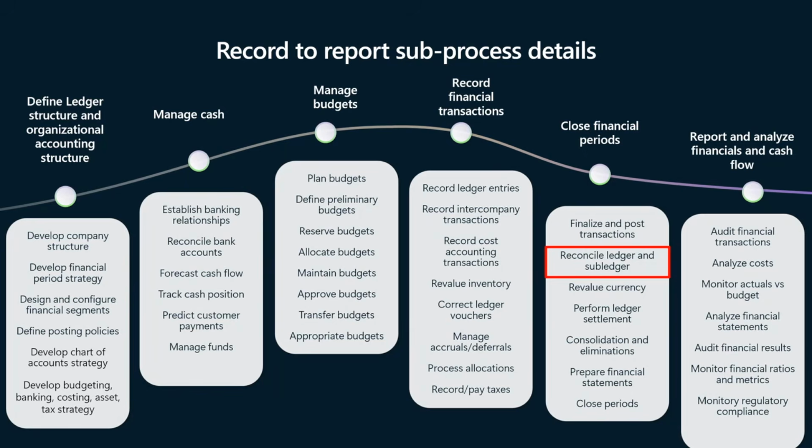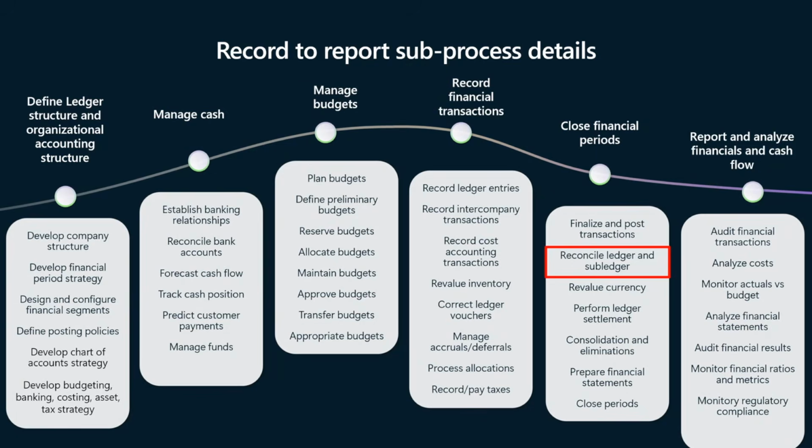This is happening monthly and yearly, and within that period close activities, there's a subset of tasks about reconciling the ledger and the subledger. Because at the end, we need to make sure that it is in balance. If it's not in balance, we definitely have a problem, and that problem needs to be addressed. And this is exactly where we are shipping value with the account reconciliation agent.